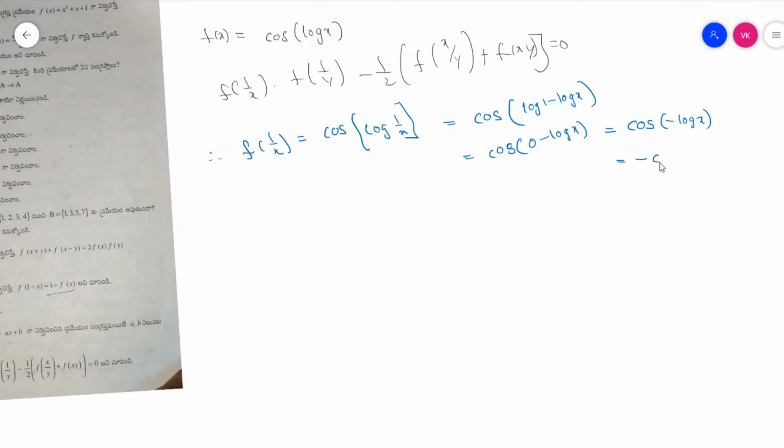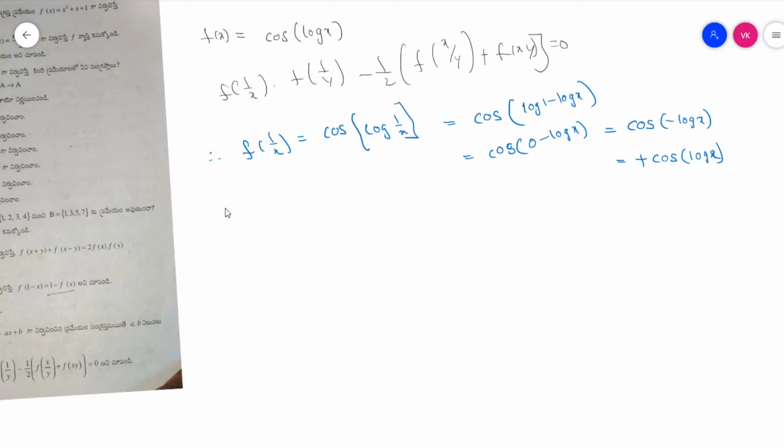Okay, that means cos of minus log x. That's the first one. A small correction here: cos of minus log x is equal to cos of log x. Okay, this is the first one.